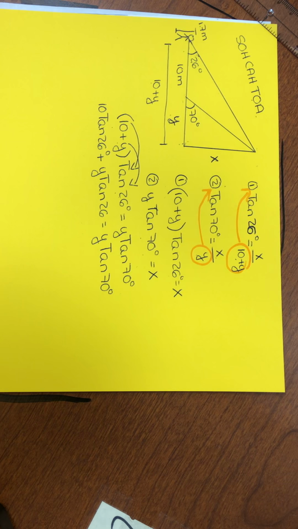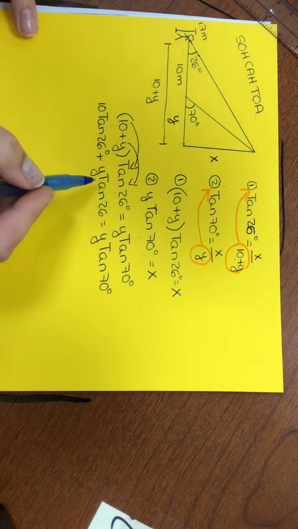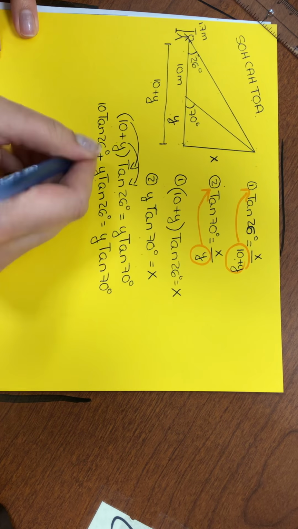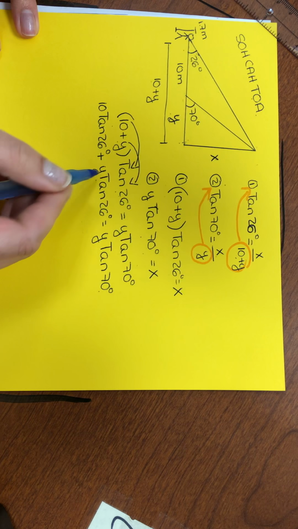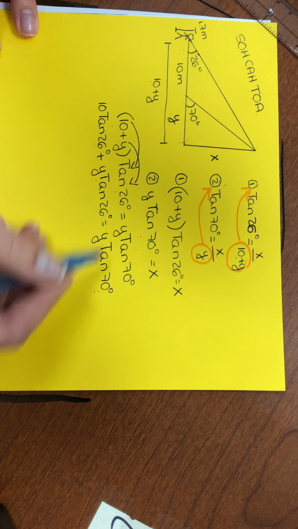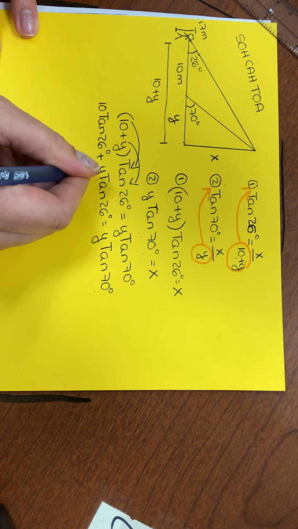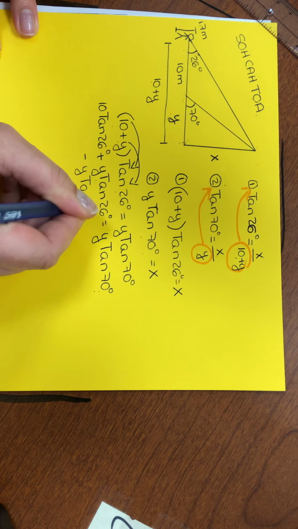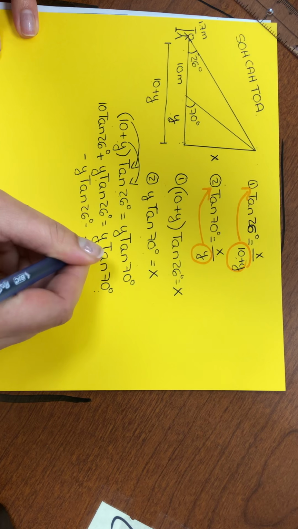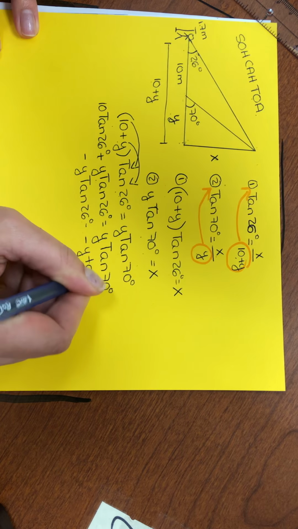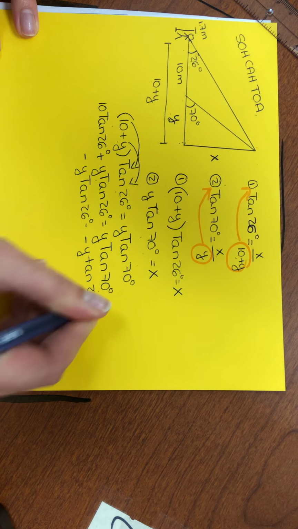Okay, so now I need all my y's on one side, all my numbers on the other side. So I will have to bring this one to the other side. This one is adding, so it will go subtracted. So I will do minus y tangent of 26 and minus y tangent of 26. Now they don't subtract.